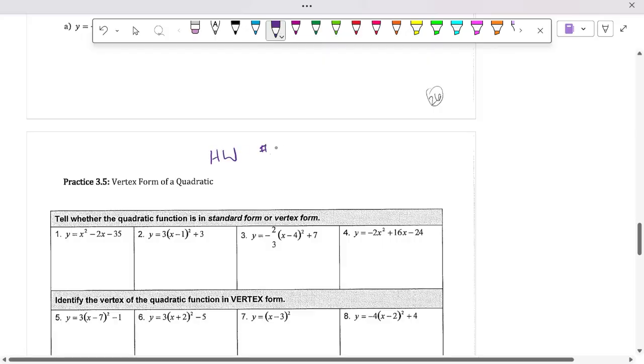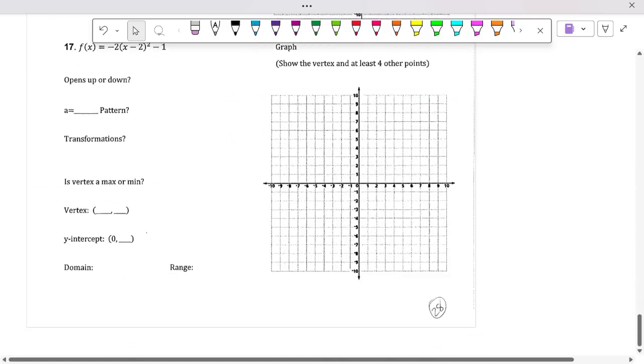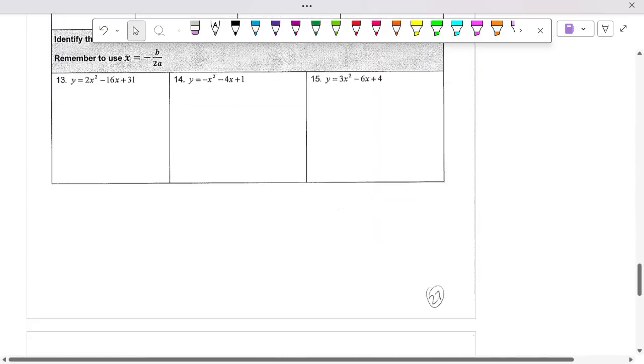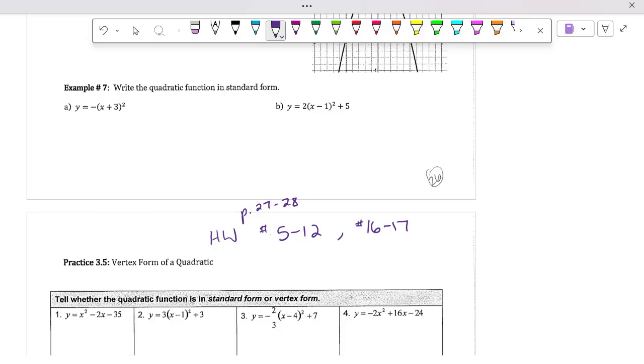So homework is numbers 5 through 12 and then numbers 16 through 17. This is page 27 and 28. So it's between page 27 and 28.